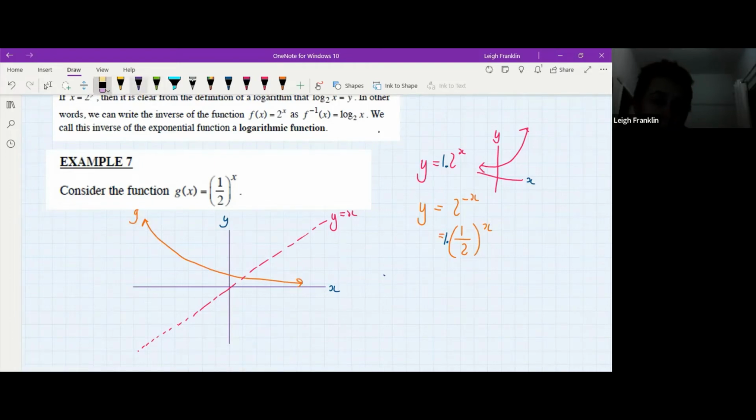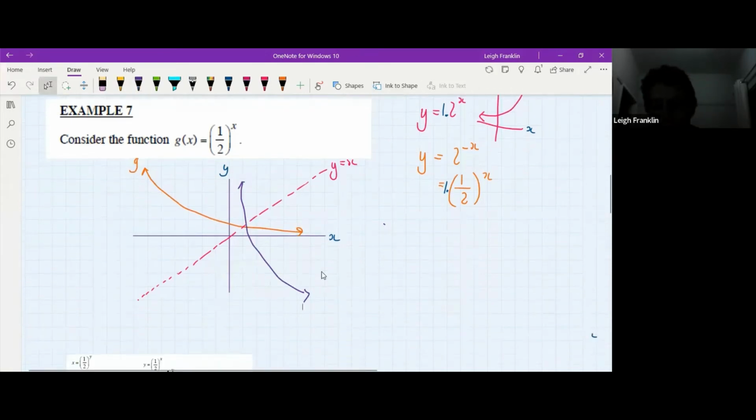Remember, x and y swap around. So this graph is now, I can't draw it nicely on my sketch pad. There we go. It would look like that. Does that make sense to everybody? So that is now the reflection over the line y equals x.